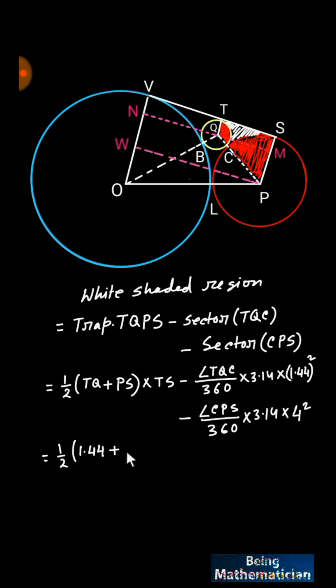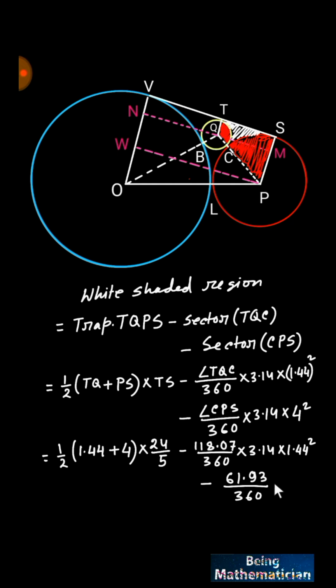PS means the radius of the red circle, that is 4, and TS is already, we have 24 by 5, minus TQC is 118.07 divided by 360 into 3.14 into 1.44 square, minus angle CPS is 61.93 divided by 360 into 3.14 into 4 square. Now let's simplify this.